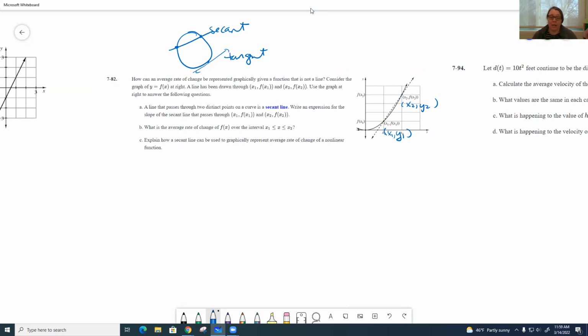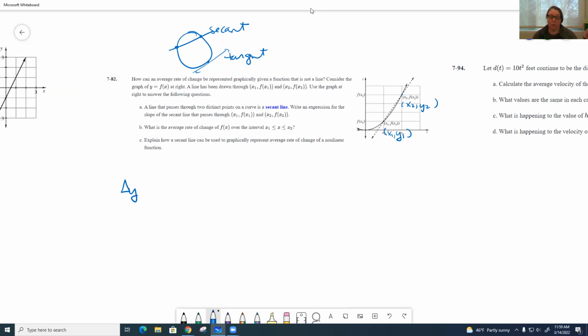Okay, so it says a line that passes through two distinct points on a curve is called a secant line, sort of like what we talked about here. Write an expression for the slope of the secant line that passes through these 2 points. Okay, so y2 minus y1, except instead of using y2 minus y1, we're going to use f of x sub 2 minus f of x sub 1.